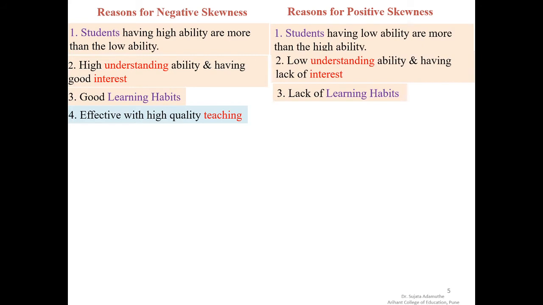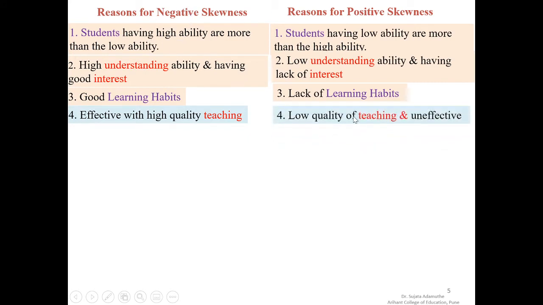If your teaching is of high quality and effective, that means your teaching is very good, the students automatically take interest in that subject, there are mostly no doubts, and students will get more scores in that subject, and so automatically negative skewness will come there.